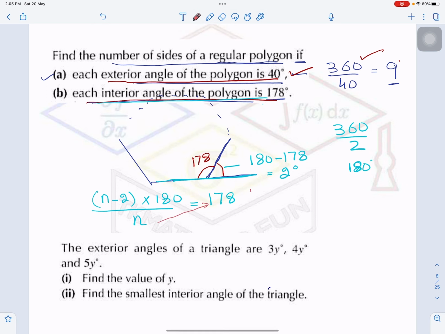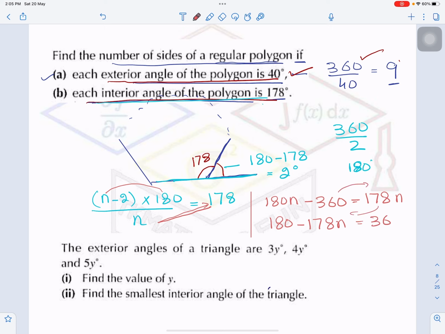So this 180 will multiply by n. 180 times n minus 180 times 2 is 360. This n will go here, 178n. Algebraically, you know how to solve it. I'm taking 360 to this side, so 2n is equal to 360. Same thing we got, 360 divided by 2, right?